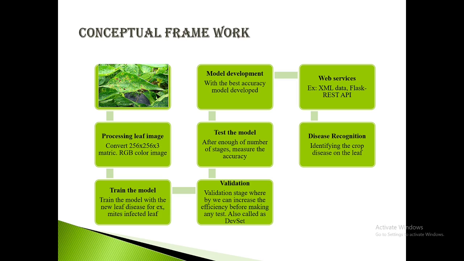Next, the convolutional neural network provides the validation stage, which increases the efficiency before making the test. It is also called the dev set. Next is the test model, and the model with the best accuracy is then sent to the web services. And the last is disease recognition, identifying the crop disease on the leaf.